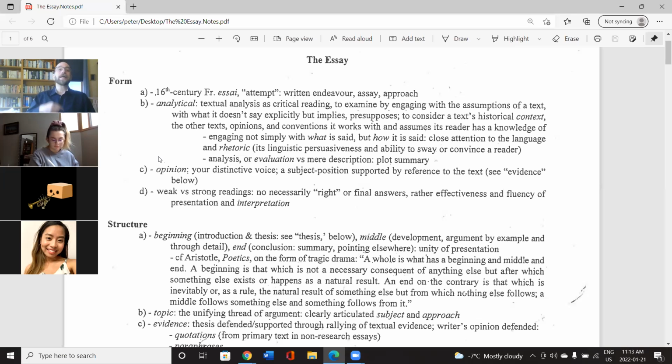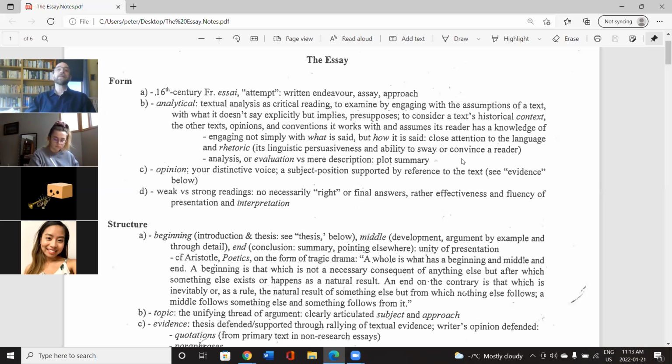You're assuming that I also hold your opinion, but do feel free to use the personal pronoun I throughout your essays. In this essay, I will argue that is a great way to open an essay. And so I'm looking for your distinctive voice, a subject position in your essay, supported by reference to the text.